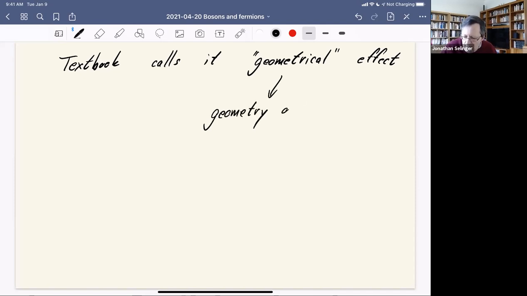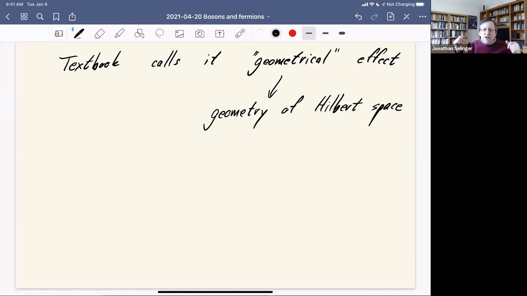And when you have fermions, there is more space in Hilbert space for states where the particles are far apart. And there just isn't so much room in Hilbert space for situations where the particles are close together. And vice versa for bosons.